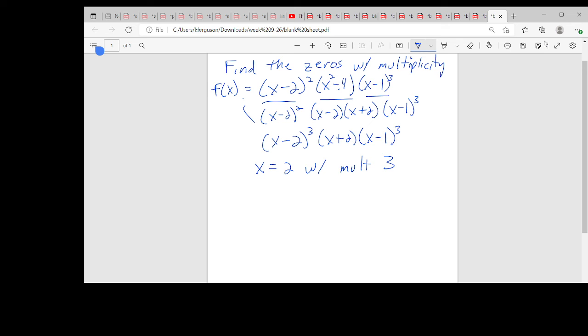And there's a reason why I did that, because it makes my multiplicity easier to see. Remember what multiplicity is. How many times is that thing going to give me 0? If I plug 2 in here for x, it gives me 0 twice right here, and another time it gives me 0. It gives me 0 a total of 3 times, which happens when I put 3 right there. That's what that multiplicity does.